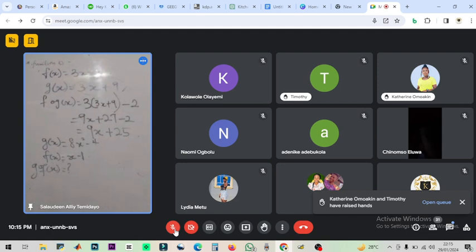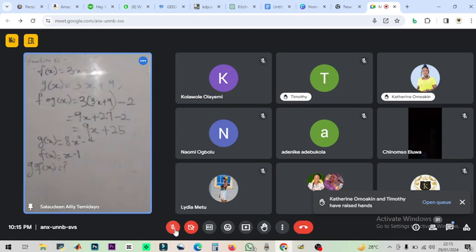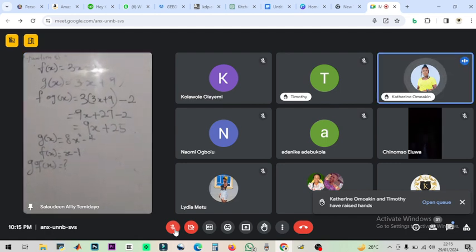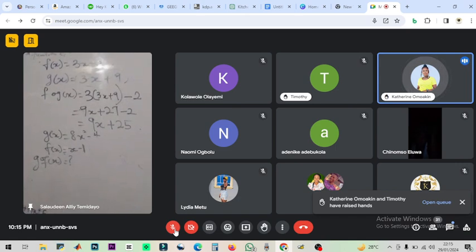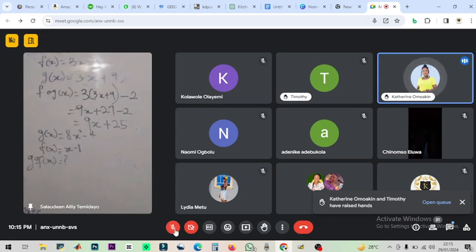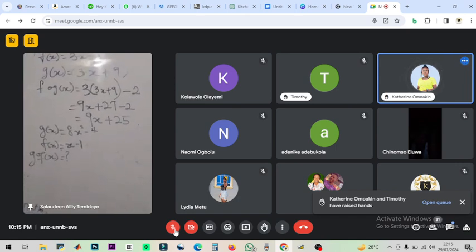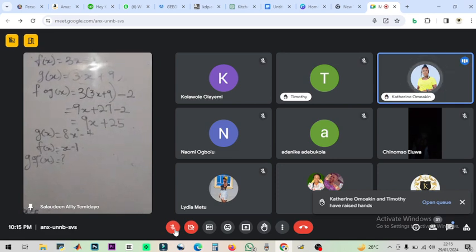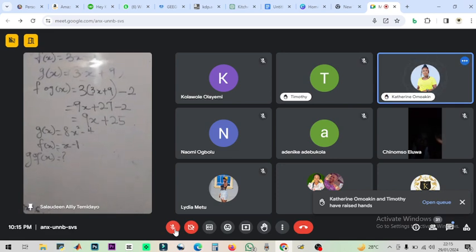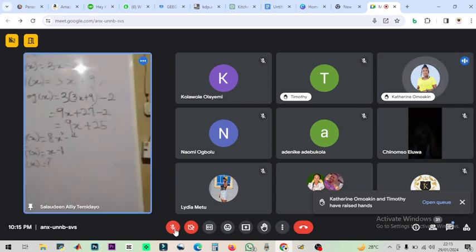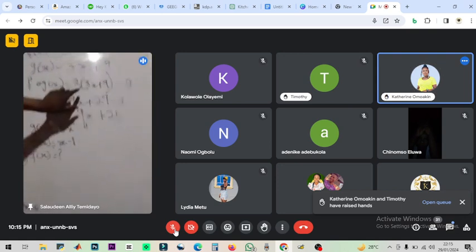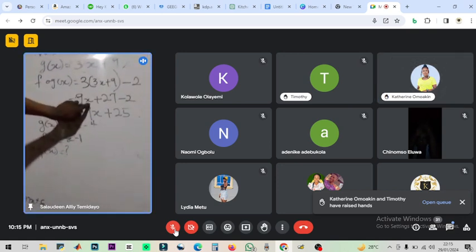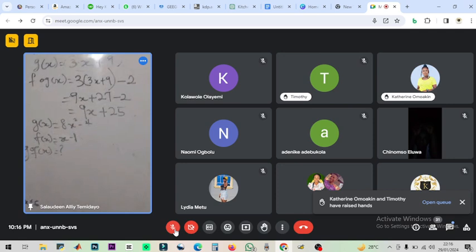Haven't you gotten it? I got it. The place I'm actually confused is when you did f of g of x, 3 into bracket 3x plus 9. There is an x in f, there is an x behind 3. Yeah, I got it. That is 3 times 3x. That's why I'm writing 9x.